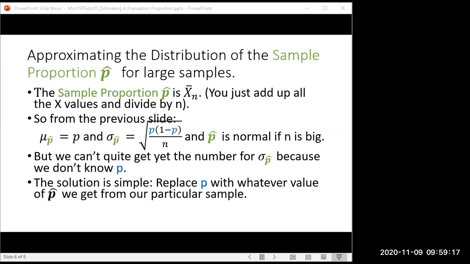Well, there are arguments that it's an okay thing to do when n times p is more than about 5 and n times 1 minus p is more than about 5. And there's proof that it just gets better the bigger that n is.